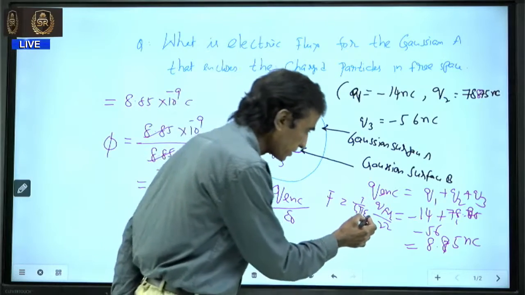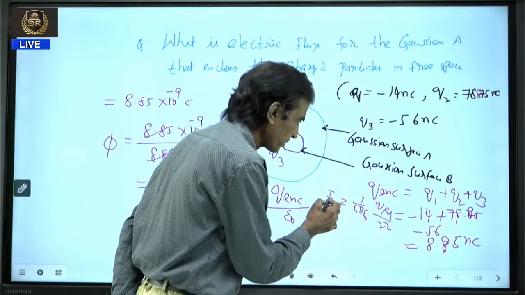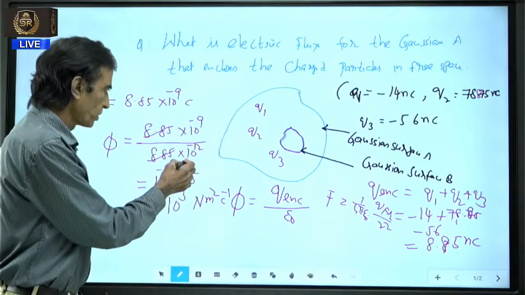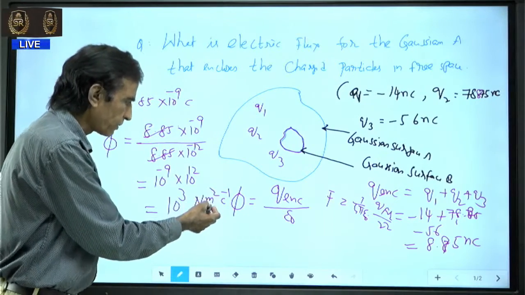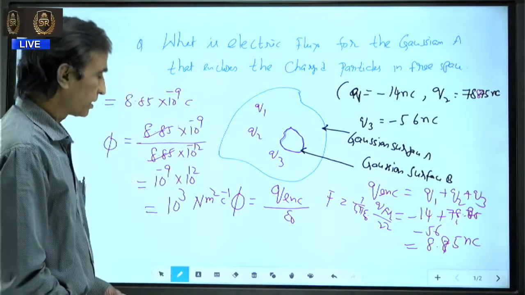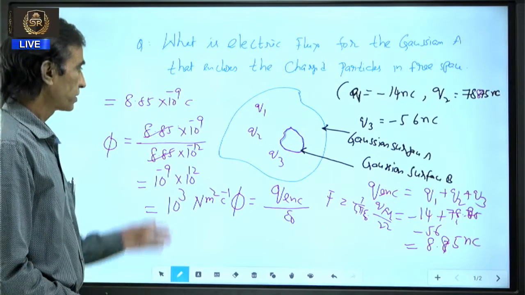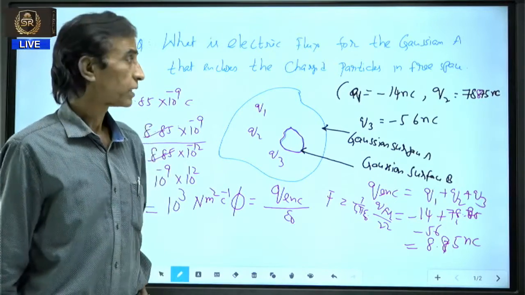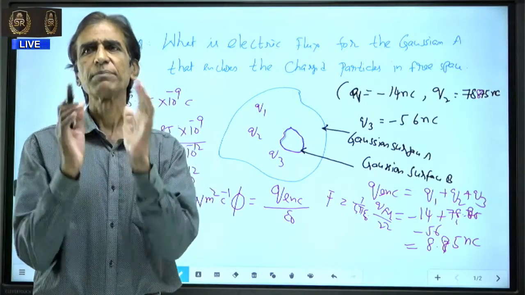Then the unit of epsilon naught is coulomb square divided by Newton meter square. So finally we get Newton meter square per coulomb. That is the problem asked in the recent exam on Gauss law. Tomorrow we will do some more problems asked in the examination, and with that our fields and charges will be completed.